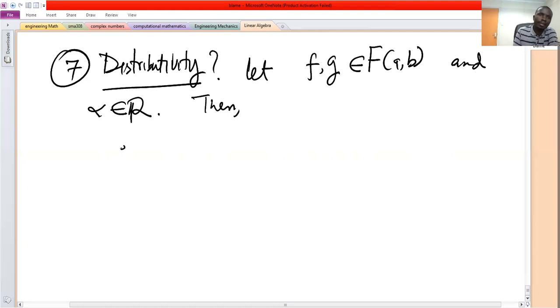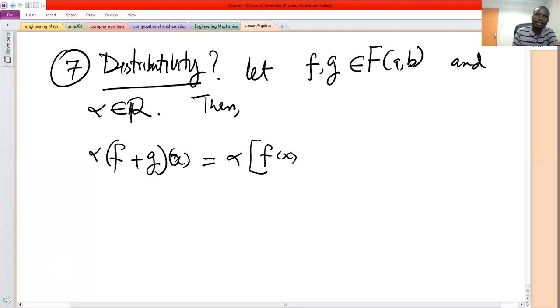Then if we say alpha into f plus g of x, it is the same as alpha into f of x plus g of x.